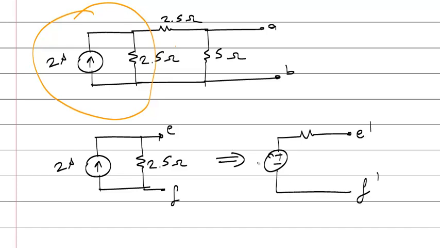This voltage is the voltage of the point EF, equal to this current times resistance. So it's equal to 5 volts, and the resistor is always equal, 2.5 ohms, and this is the remaining part.